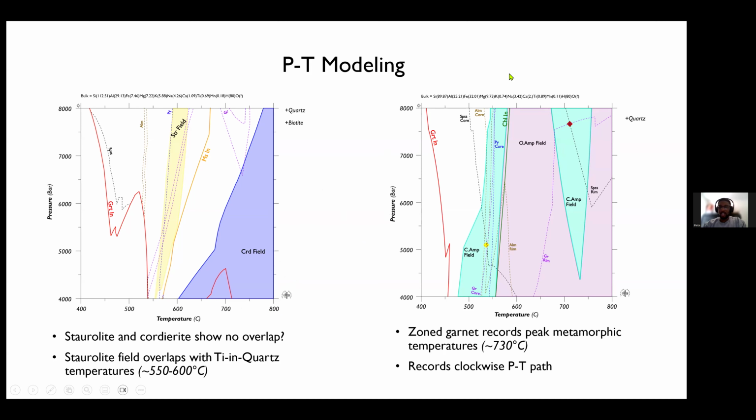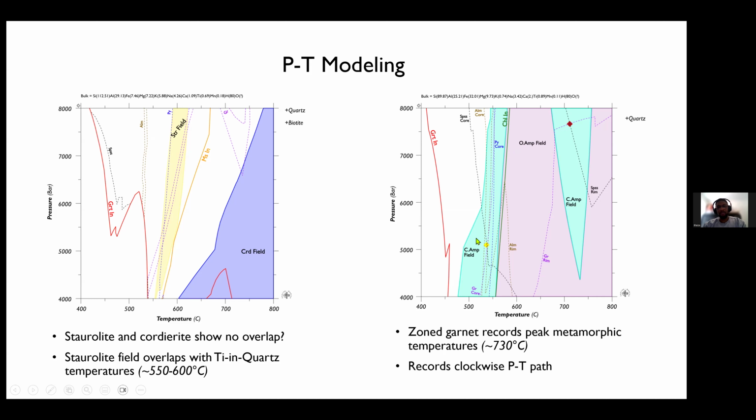So moving on to this one here, this is a pseudosection created for one of our amphibolite samples. Important thing to note here is that we have some garnet isopleths plotted here. Here's the core composition for that garnet, this yellow diamond here. And this red diamond here is the rim. So you can see that the garnet here actually preserves some zoning.